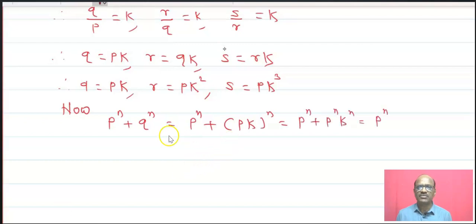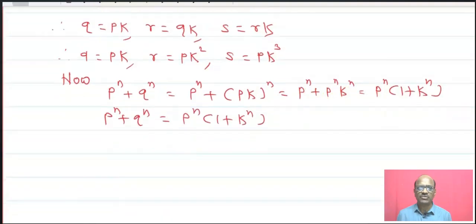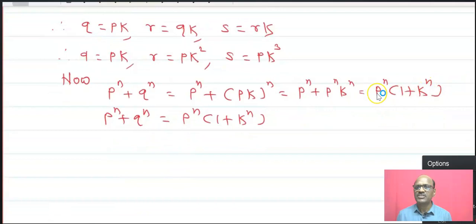Next, q, the value of q is pk, in bracket, raised to n. That is p^n plus p^n k^n. From these two, we will take p^n as common. Then in bracket 1 + k^n. Therefore, p^n + q^n = p^n (1 + k^n).